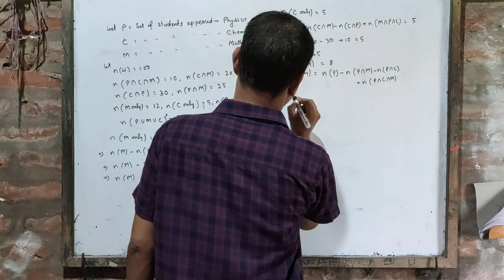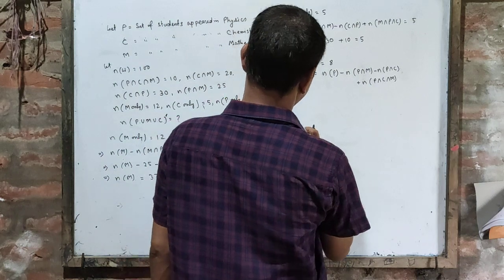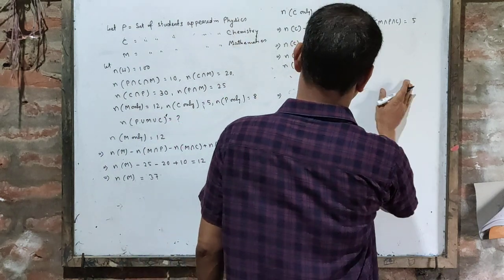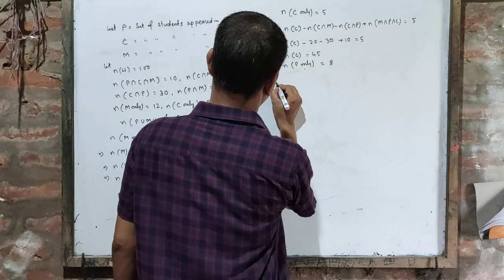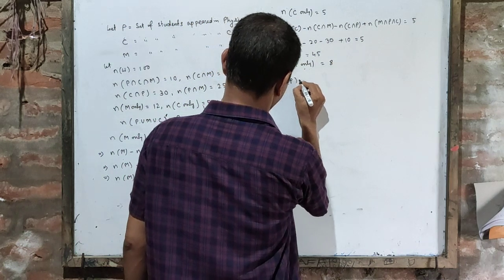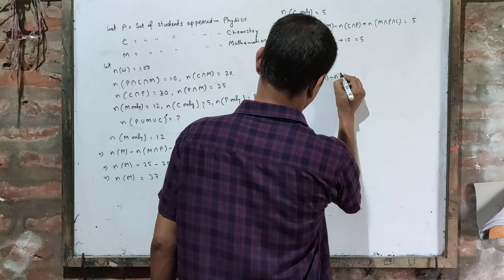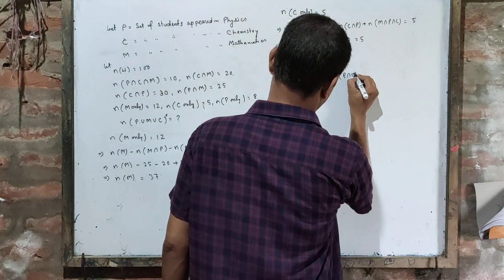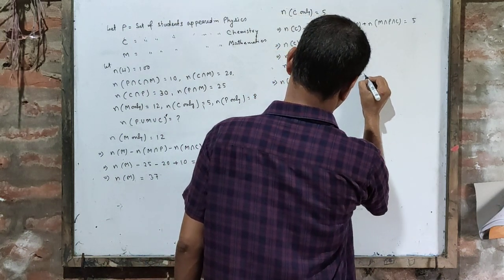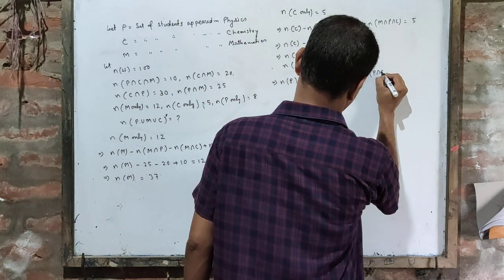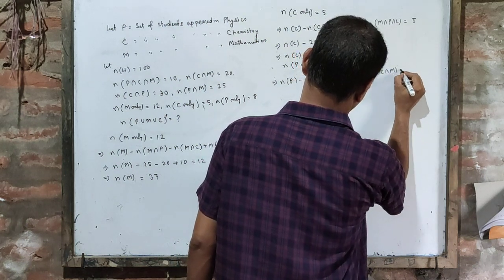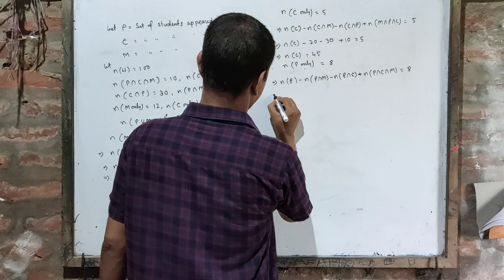This implies N of P only means N of P minus N of P intersection M minus N of P intersection C plus N of P intersection C intersection M is equal to 8.